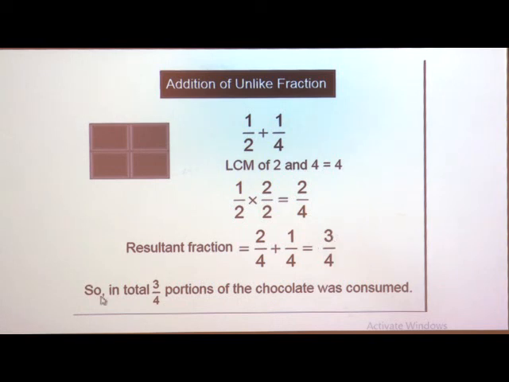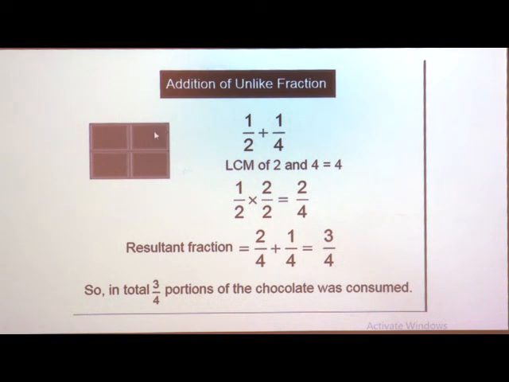So in total, 3 upon 4 portions of the chocolate was consumed. This is the chocolate given to us, and we gave it as 2 fractions. The piece of chocolate consumed is 3 upon 4: this is a half, plus 1 upon 4.